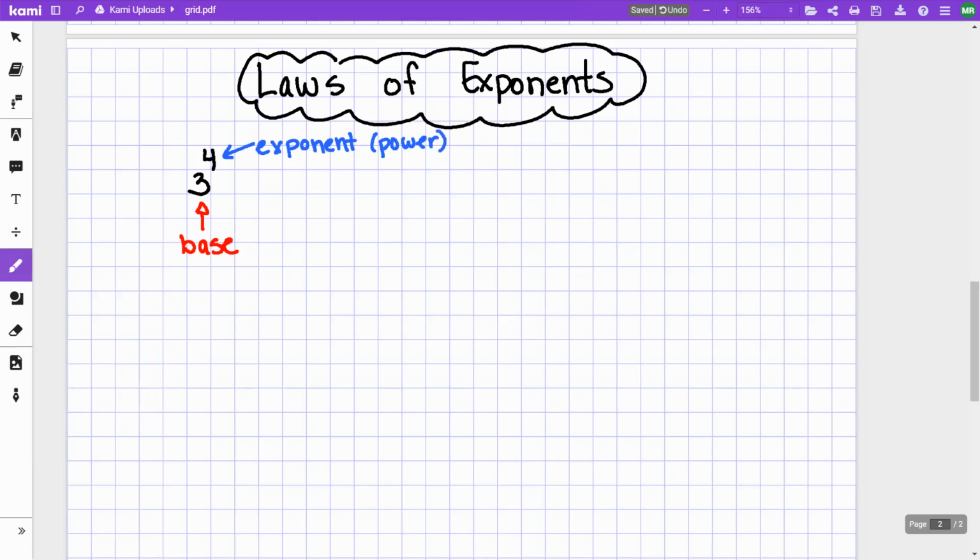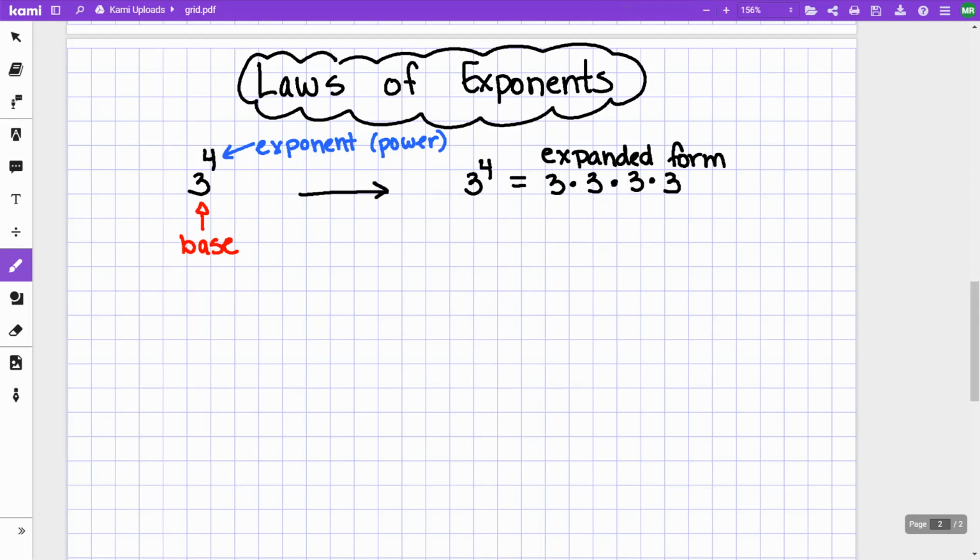Now, sometimes they're going to ask us to write something in expanded form. So what that would mean is the following, okay? 3 to the 4th in expanded form means I'm going to write what 3 to the 4th means. It means I'm going to take 3 and multiply it 1 time, 2 times, 3 times, 4 times.